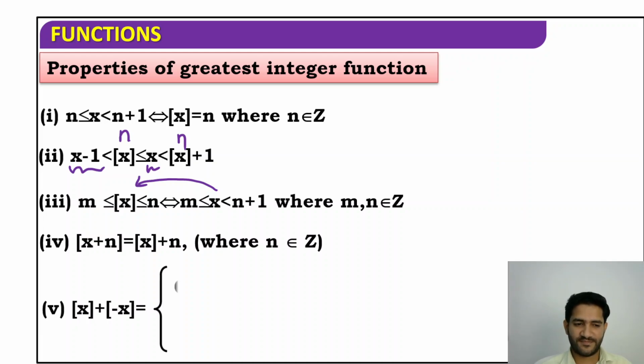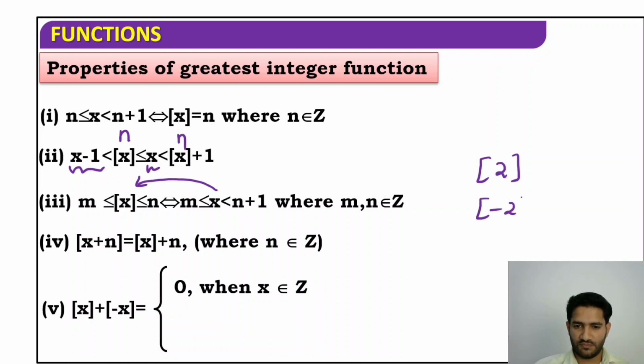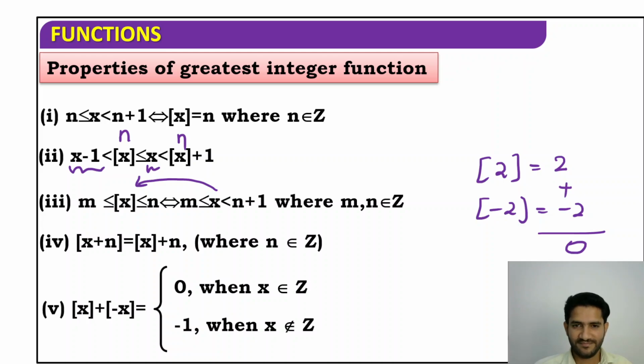Yes, maybe we'll get 0, because if both are integers, for example 2 and minus 2, the greatest integers are 2 and minus 2. If both are integers, surely we'll get 0. What will happen if x is not an integer? If x is a real number that is not an integer, the answer will be minus 1.